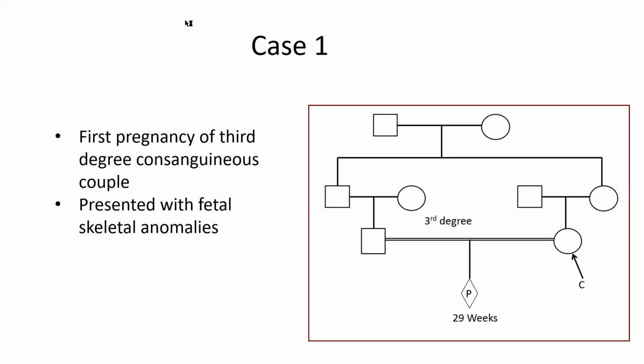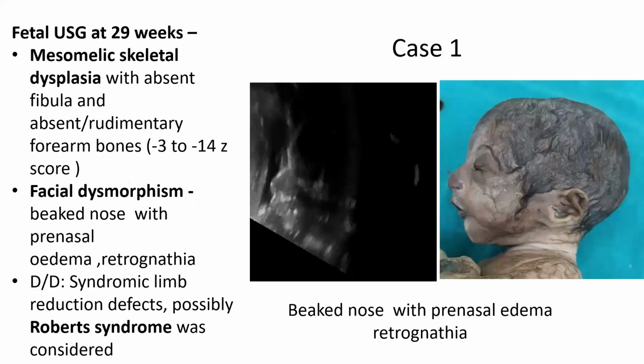Yes, ma'am. So now we will discuss some cases. Coming to the first family, the couple is third degree consanguineously married, and this was the first pregnancy, and they presented to us with abnormal fetal skeletal findings in scan at 29 weeks of gestation. On the fetal scan, there was mesomelic skeletal dysplasia with absent femur and absent forearm bones, and the centiles of the bones were between -3 to -14 Z score.